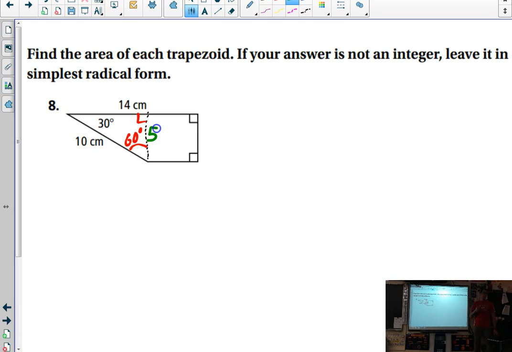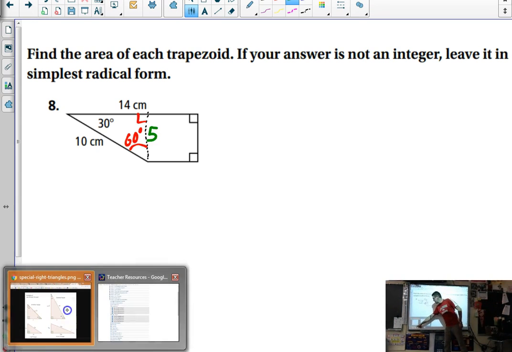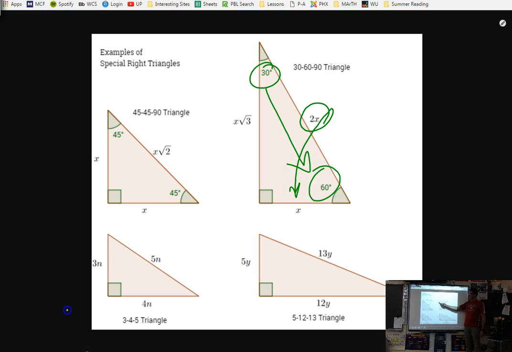Well, if I want to break up my complex shape even further, that long line on top, if I pop back to that rule, well, okay, my other leftover leg is that x value, that small leg, times radical 3. The other way that my brain remembers this is these are all divisible by 3, and the fact that it's 30, 60, and then 90.